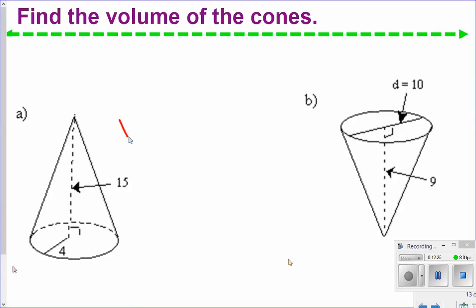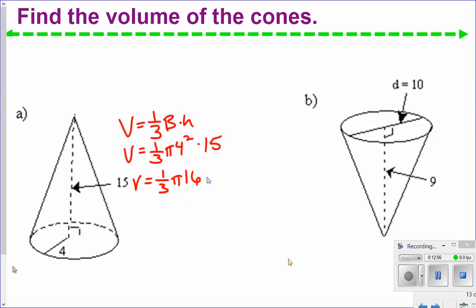So I'm going to find the volume by taking 1/3 the area of the base times the height. The area of the base, well, the base is a circle, so that's pi times the radius, which is 4 squared. Then I'm going to multiply that by the height of the cone, which is 15. 4 squared is 16.